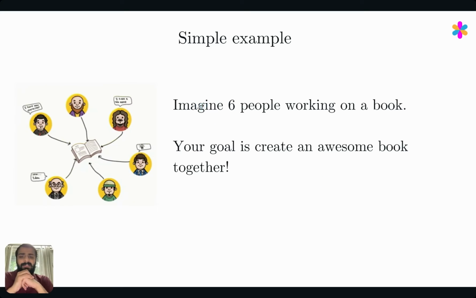Imagine you are in a situation where you have met some collaborators, or you're working with a group of friends, and you decide that together you want to write a book. Let's say this is a book on machine learning, and all of you have different experiences and different expertise.